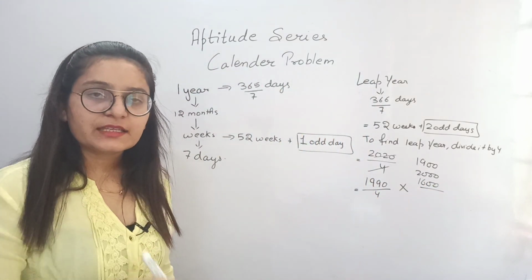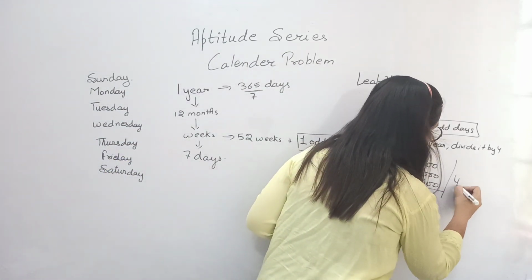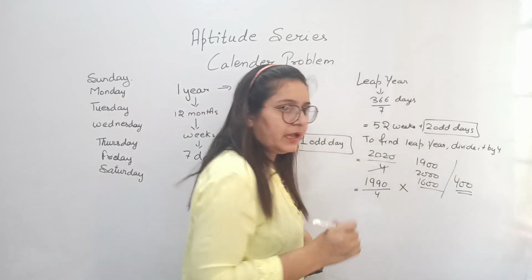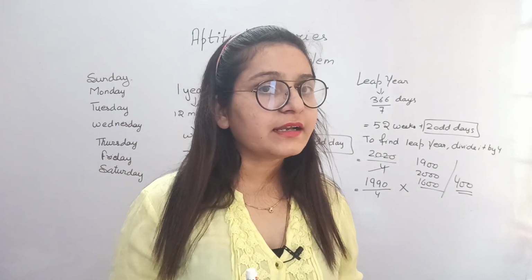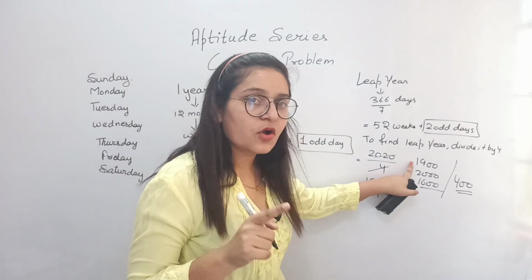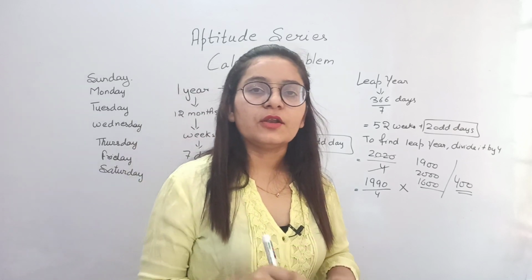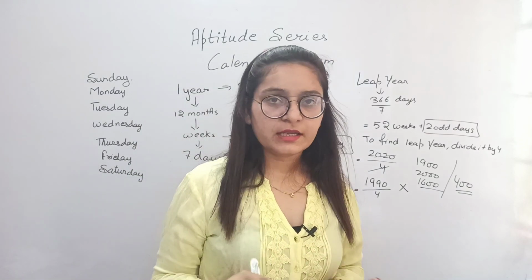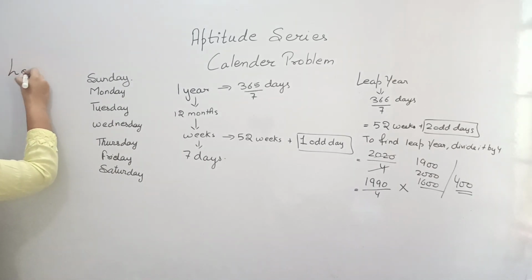To find whether these century years are leap years or not, we will divide them by 400. If they are exactly divisible, then they are leap years. If they are not exactly divisible, like 1900 is not exactly divisible by 400, it means this century year is a non-leap year. Clear? Now learn these 3 things.